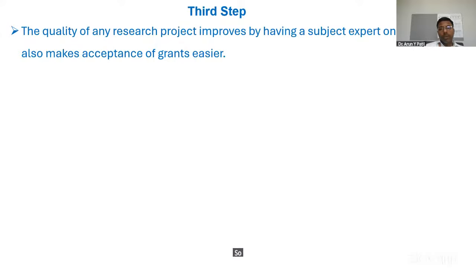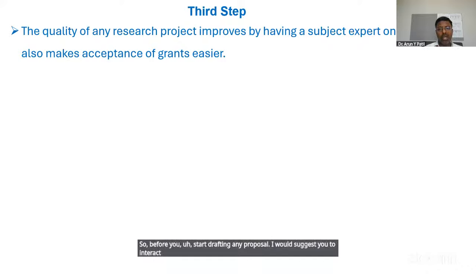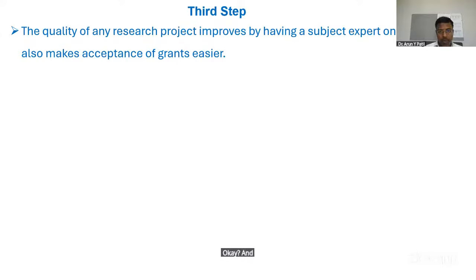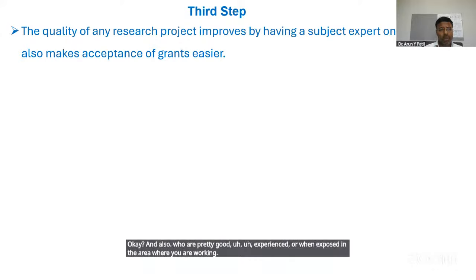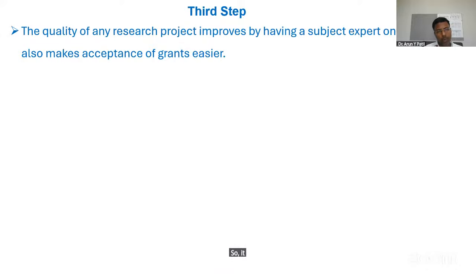So before you start drafting any proposal, I would suggest you interact with people who have already got funding, and who are experienced or well exposed in the area where you are working. It might be your own supervisor, or it might be some outside institute experts.